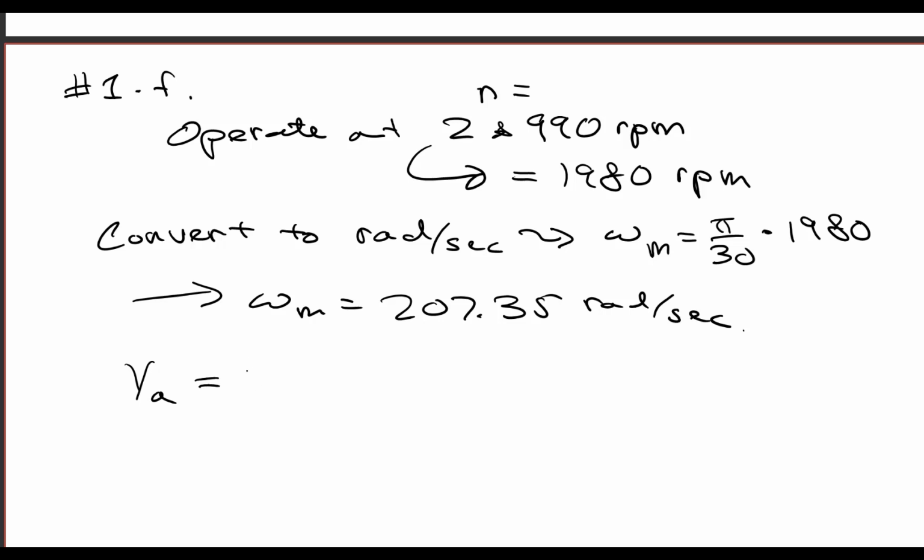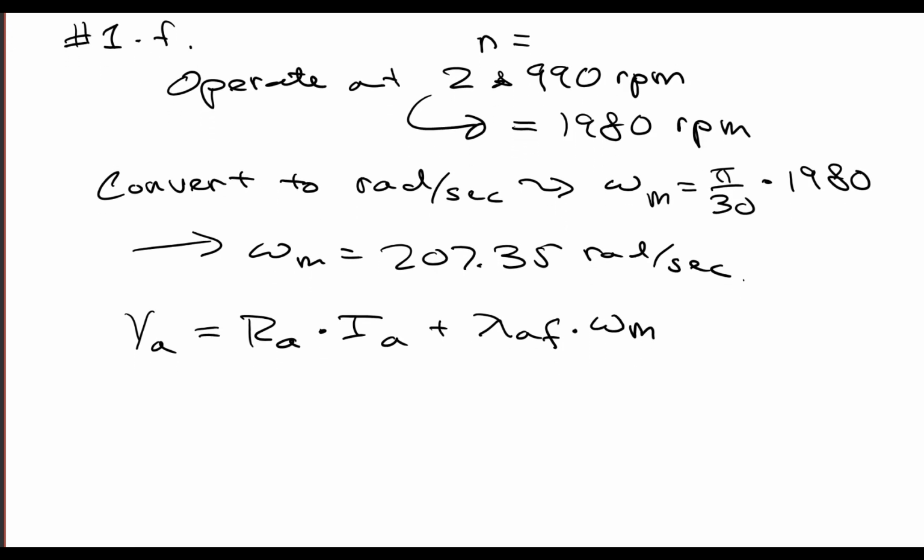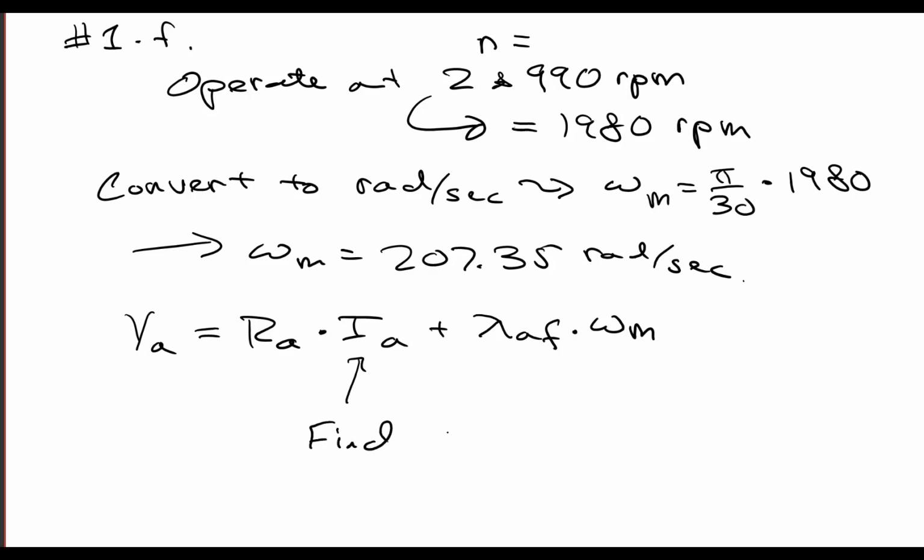VA is equal to RA times IA plus lambda AF times omega M. In this case, if I don't say otherwise, assume you're operating at the nominal current that we should have found for this. So let's find nominal IA.